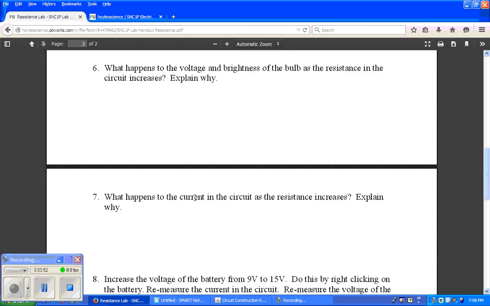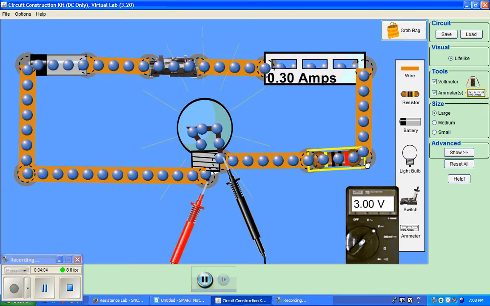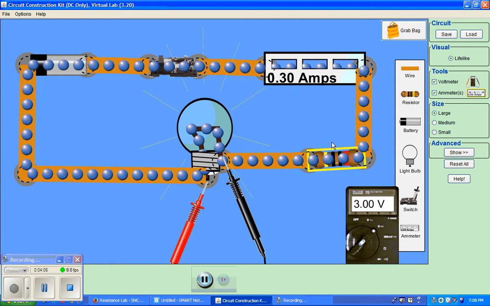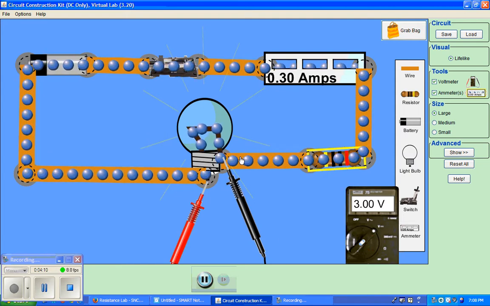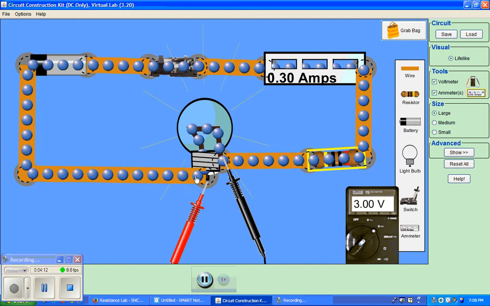So what happens to the voltage and brightness of the bulb as the resistance increases? The answer, they both decrease. Well, what's the reason? It's because the resistor in the circuit, this guy right here, is slowing the flow of electrons, and that means it's slowing the use of energy by the bulb.